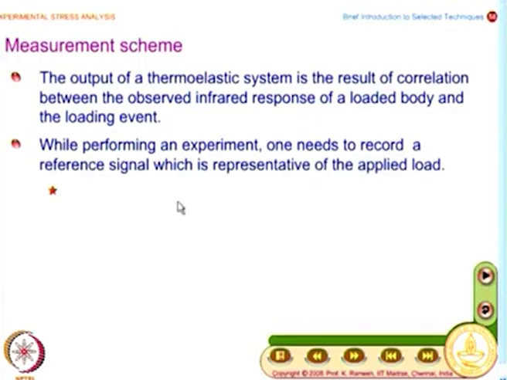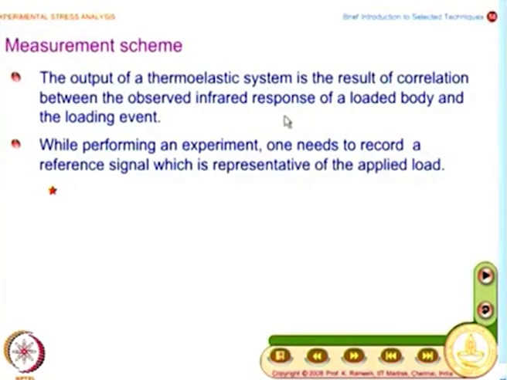And as I said, you do not see the information directly. The output of a thermoelastic system is a result of correlation between the observed infrared response of a loaded body and the loading event. So, you have to make a correlation, do post processing of it, and then display the result.